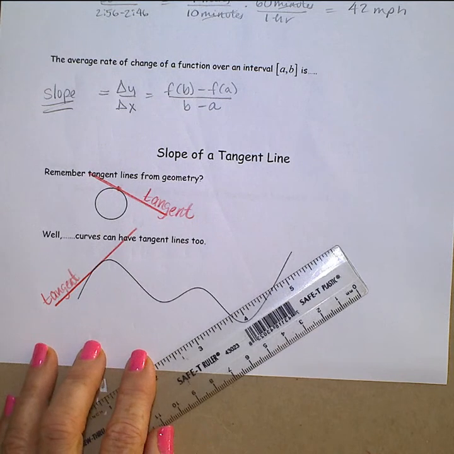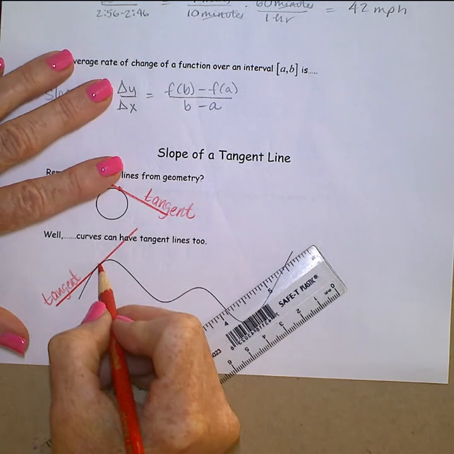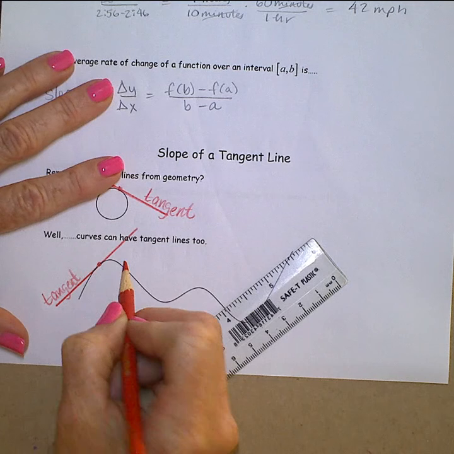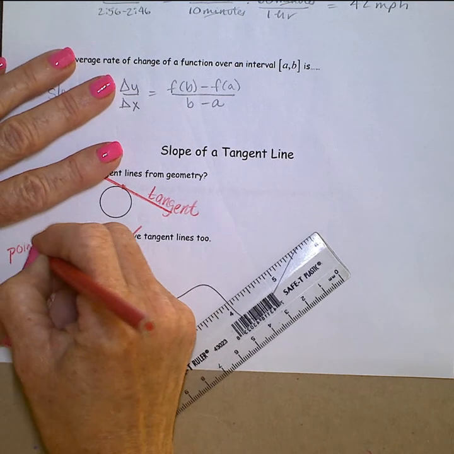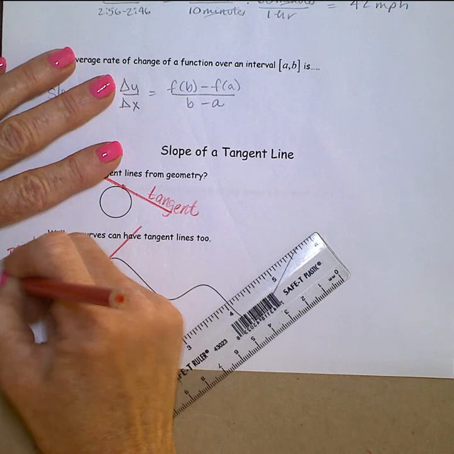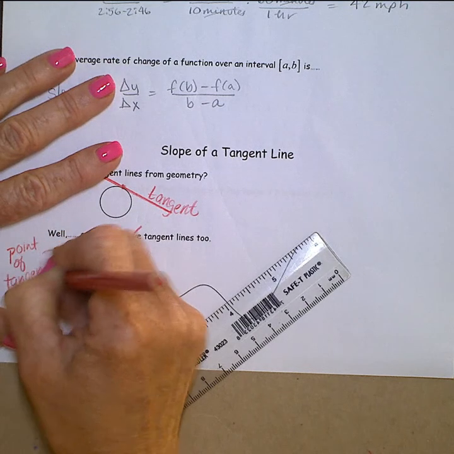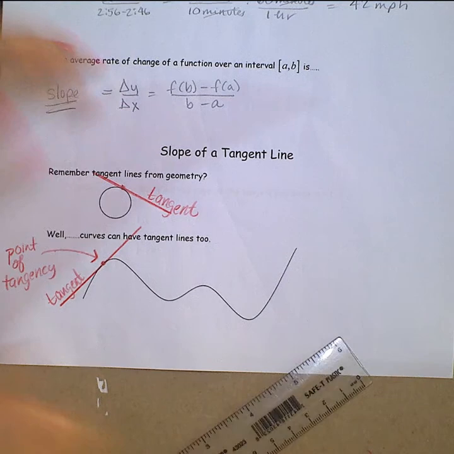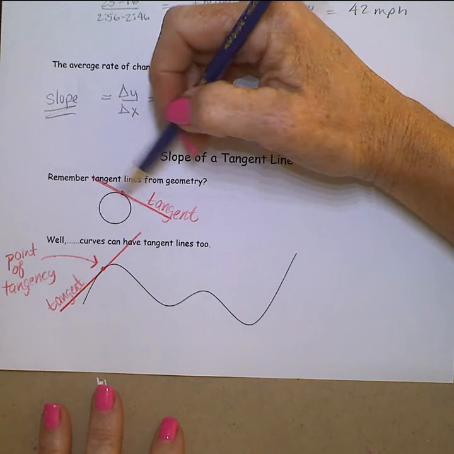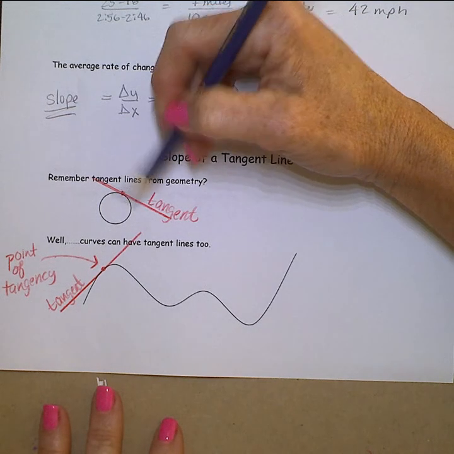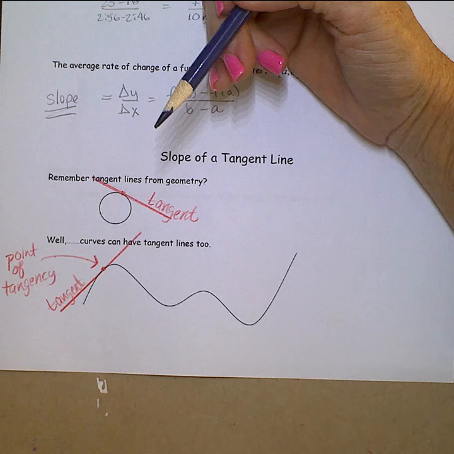And like we had in geometry, the point where the tangent line intersects that curve is the point of tangency, C. We do have one difference with tangent lines on functions as opposed to tangent lines on circles. This tangent line will never intersect this circle anywhere else except at that point of tangency C.